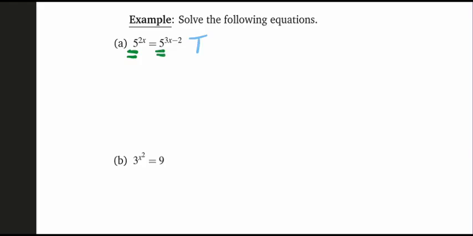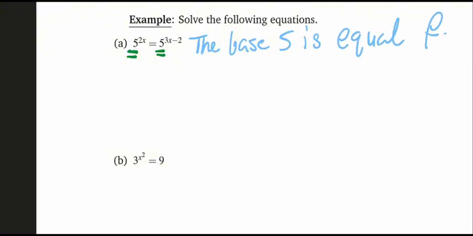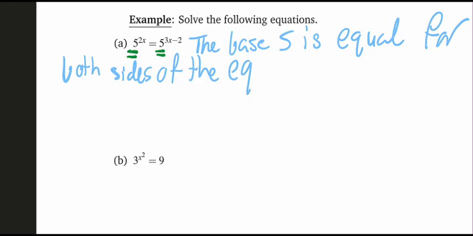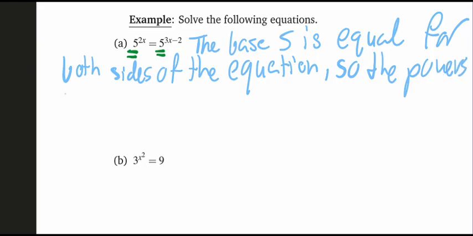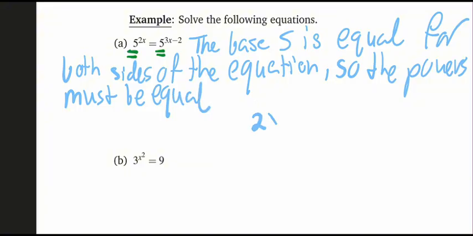The bases are equal, so the base 5 is equal across both sides of the equation. So the powers must be equal. So 2x has to equal 3x minus 2.